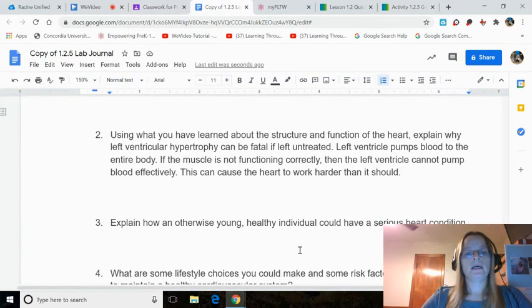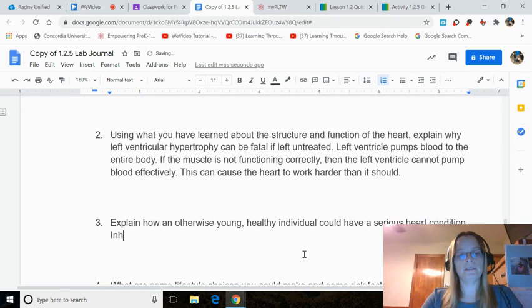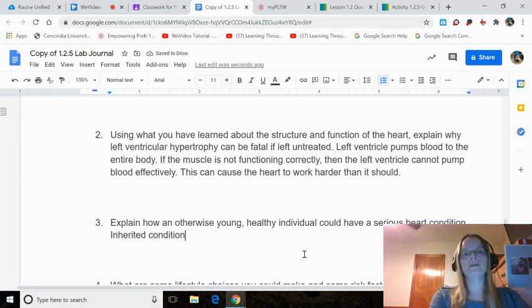So let's see. An otherwise healthy young adult could have a serious heart condition. Well, the same reason some people get type 1 diabetes, it could be an inherited condition. I keep bringing up Anna Garcia from the previous part of this curriculum. She had inherited high cholesterol, which was hard on her heart. So, an inherited condition like high cholesterol.